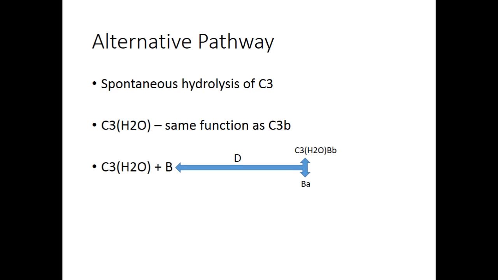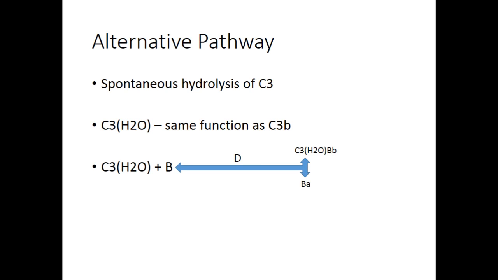This spontaneously hydrolyzed C3, or C3H2O, has the same function as C3b. C3b can act as opsonin, if you remember. Now the C3H2O, you can consider it as C3b because it has the same function.